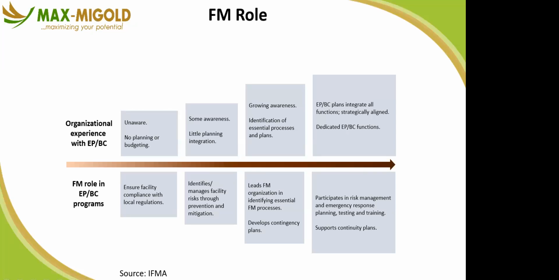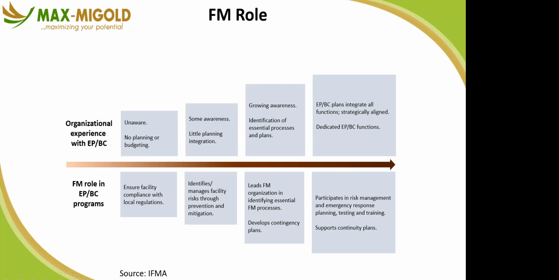So what the FM can do, if you work in such an organization where there is no budget or no plan for emergency preparedness and business continuity, all you can do is to ensure that you comply with all local regulations, nothing more, because your organization is at level 0 in terms of emergency planning and business continuity.